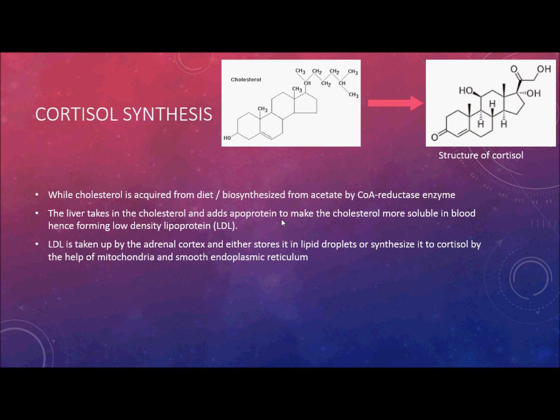This lipoprotein is circulated around the blood, giving out cholesterol to fat tissue and to several tissues, including the adrenal cortex, the adrenal gland, which either stores it in lipid droplets or synthesizes it into cortisol, which is the structure we have here. And as you can see, the cholesterol has undergone several oxidations and truncations from this hydrophobic chain.